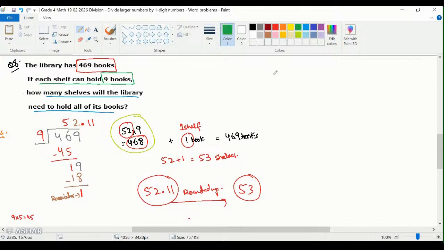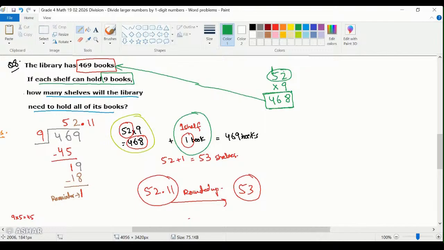If you're saying 52 is the answer, multiply by 9. 9 times 2 is 18. We carry a 1. 9 times 5 is 45 plus 1 is 46. In 52 shelves, you can only keep 468. But the number over here was 469, right? You're still left with one book. That book will be kept on another shelf.